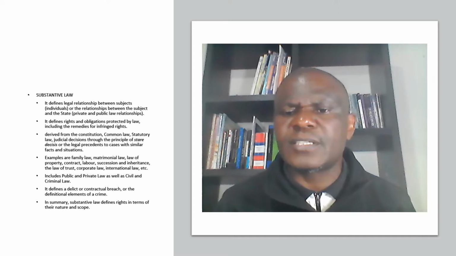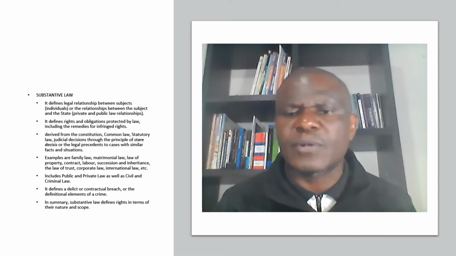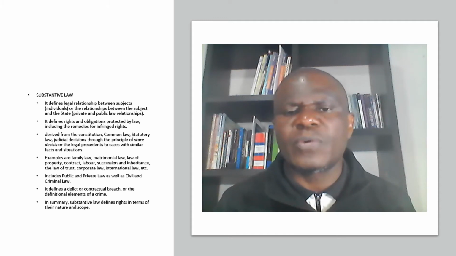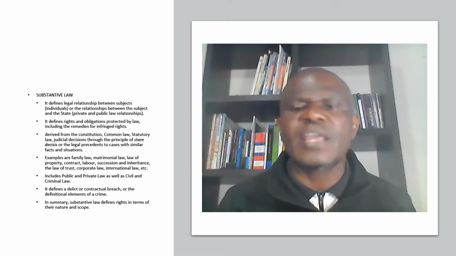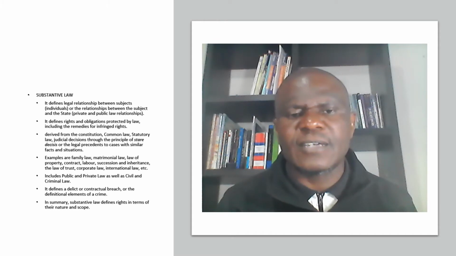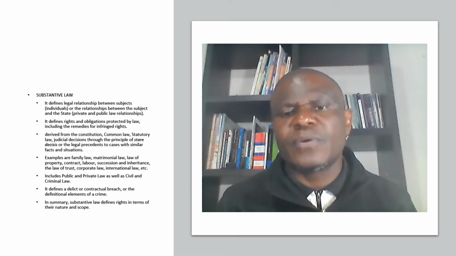For instance, in civil issues, we have spoken about contracts and delicts or torts, whilst in terms of criminal law, we are looking at the definitional elements of crimes such as theft or murder or rape, all these crimes that get to be committed by people from time to time. Now, substantive law also defines a delict, a contractual breach, or the definition of elements of a crime, as I've already stated.